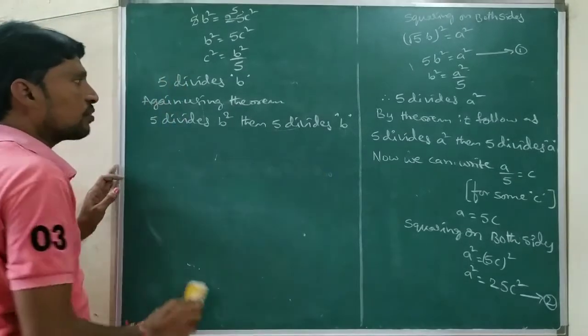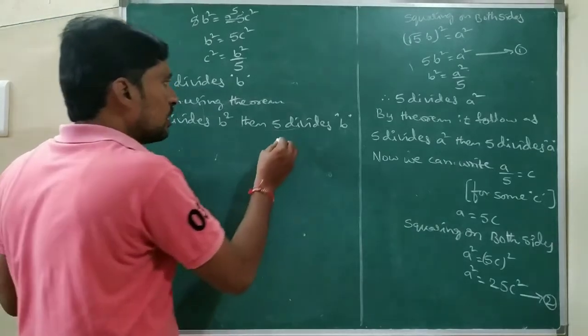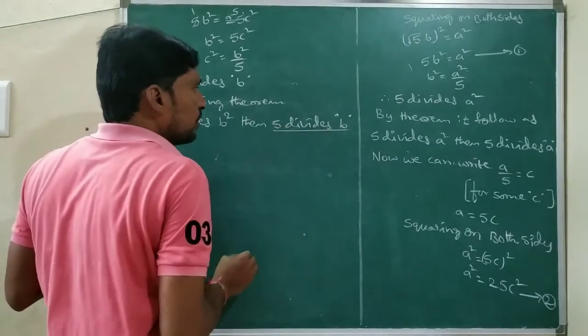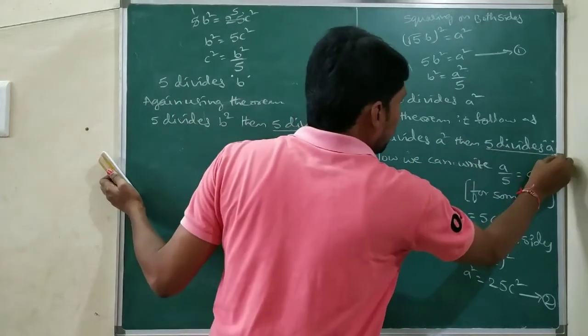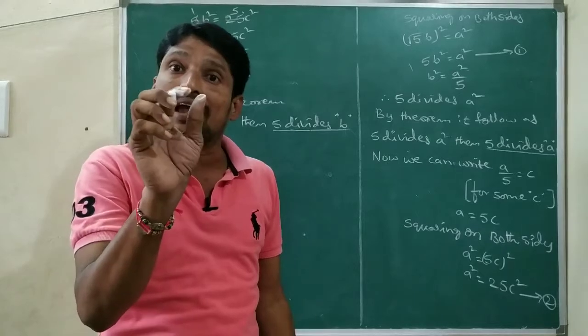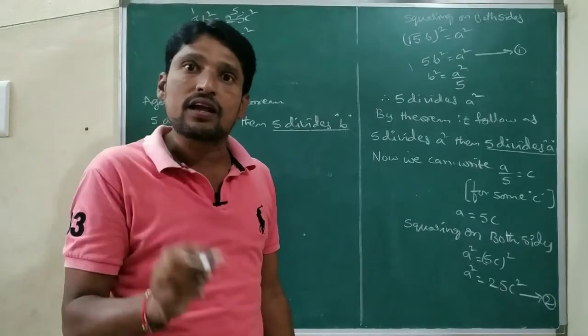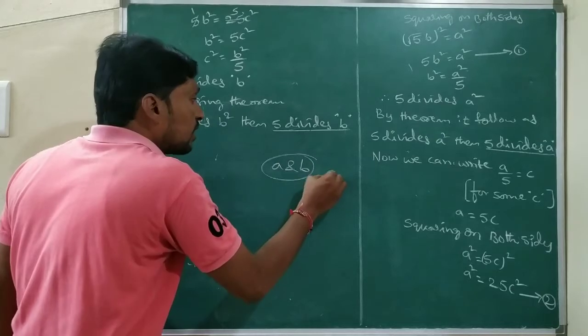So 5 is a common factor for a and b. For both, 5 is a common factor.